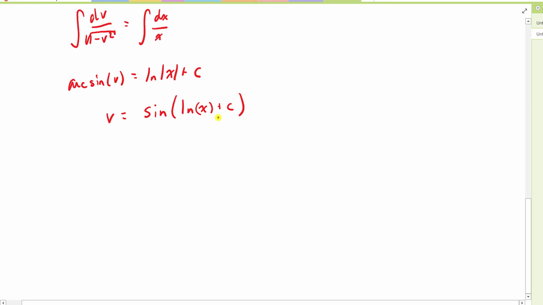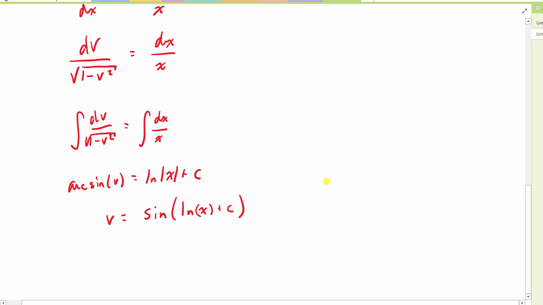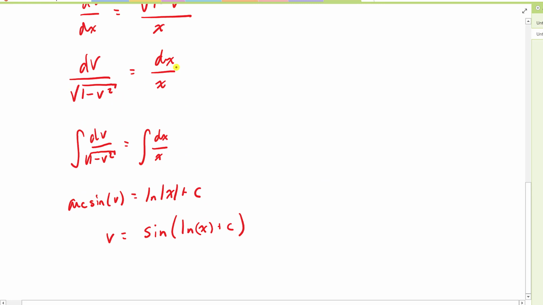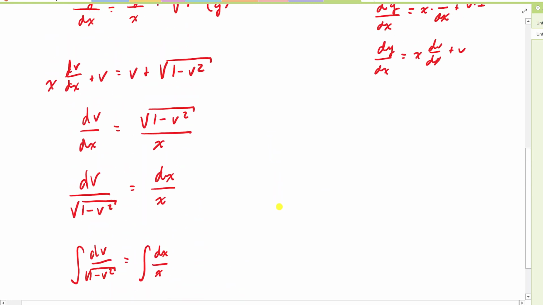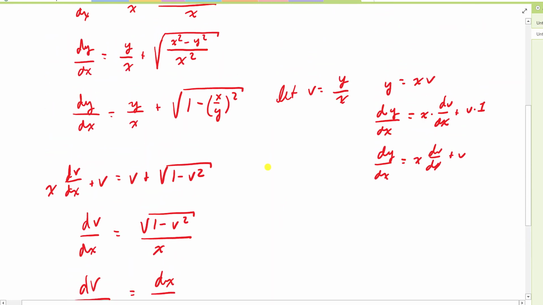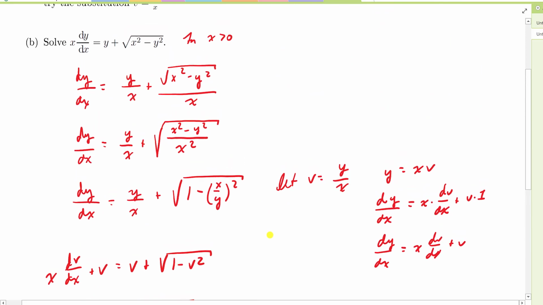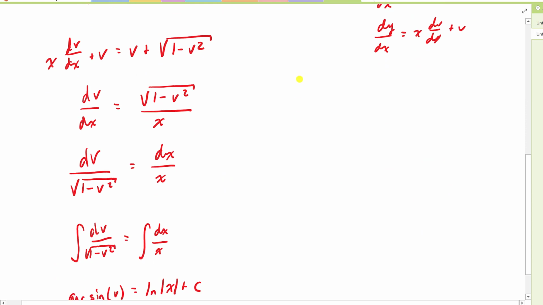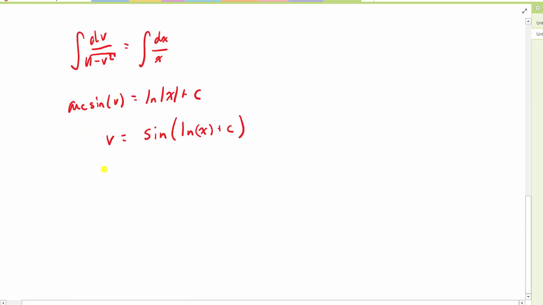We're not done. Remember, this was just a substitution. We did the substitution in order to get it down to a separable equation. Originally, our substitution right here was that v is supposed to be y over x. So now we're going to back substitute. We said that v is y over x.